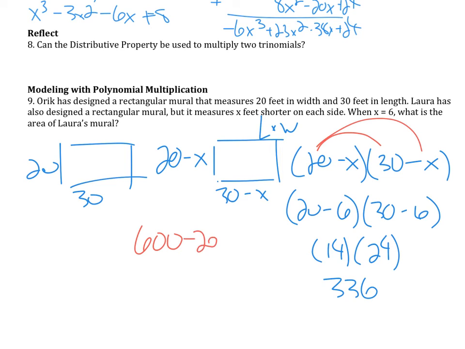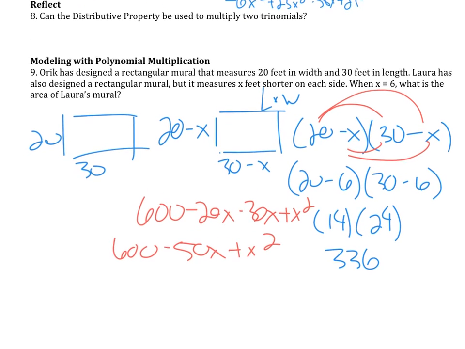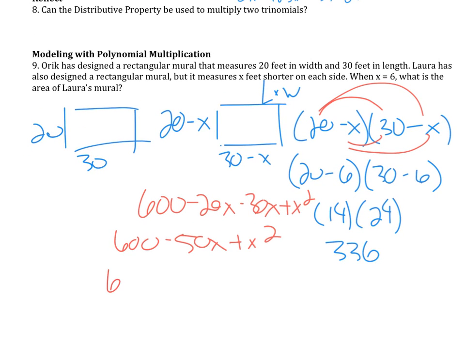Then we get minus 20x, minus 30x, and then plus x squared. So then we get 600 minus 50x plus x squared. Substitute our 6 in still, so we get 600 minus 50 times 6 plus 6 squared, which still gives us 336. In this case, remember, it is feet squared.